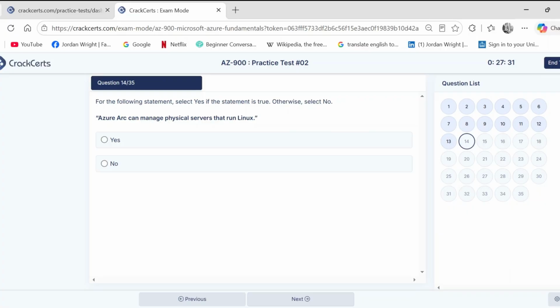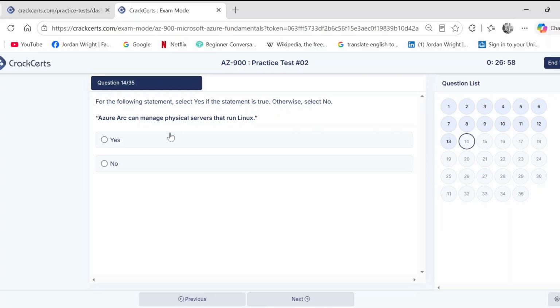It does manage the resources. Yes, but it manages resources between... the answer is in the name, an arc, so you're providing a connection with other resources.